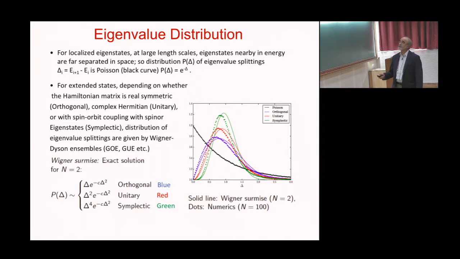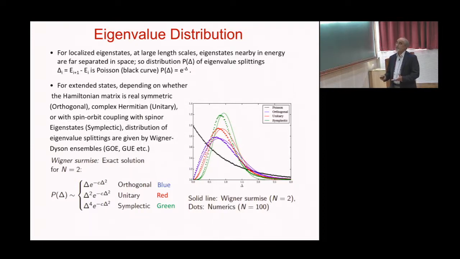If you are in the localized state, then because consecutive eigenstates are typically very far away from each other in real space, there's no mixing between them, and therefore you get just random numbers, which is Poisson statistics. That's the black curve.